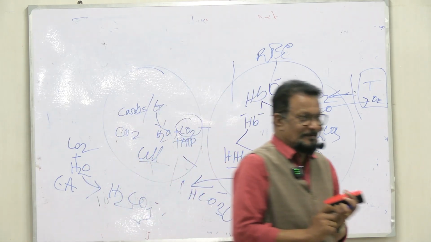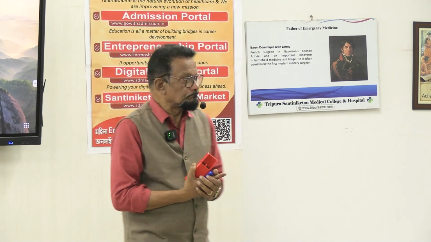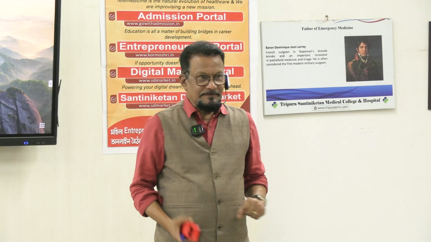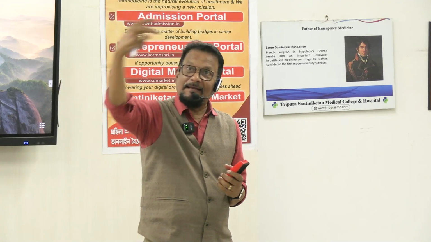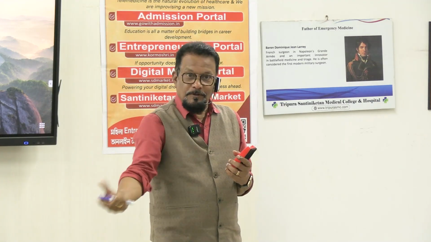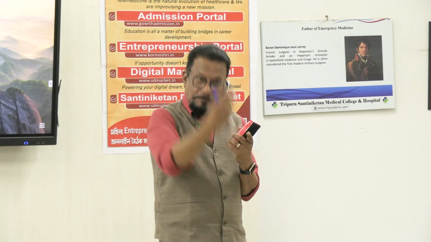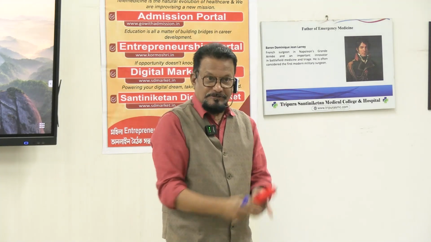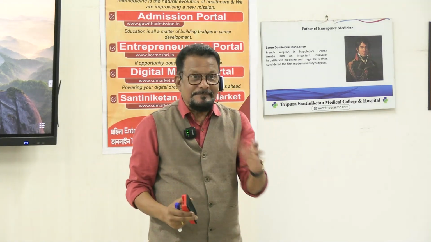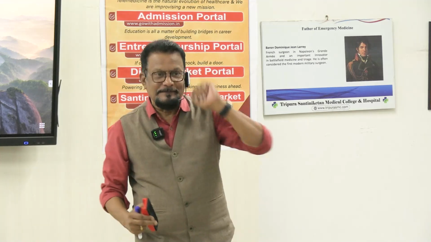In respiration, one question comes: chloride shift. What is chloride shift? Hamburger phenomenon. Chloride shift is whenever carbon dioxide enters from tissues into the blood, into the RBC, we can see some chloride ion is also entering within the RBC.